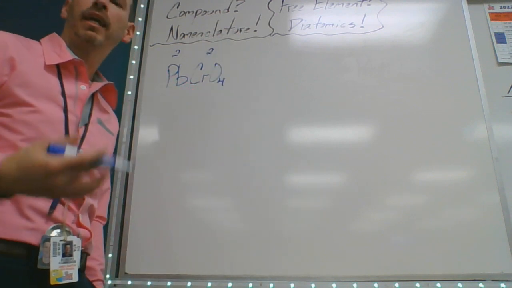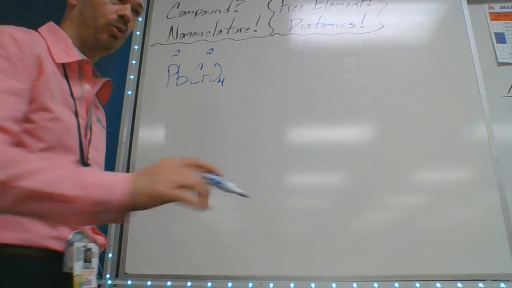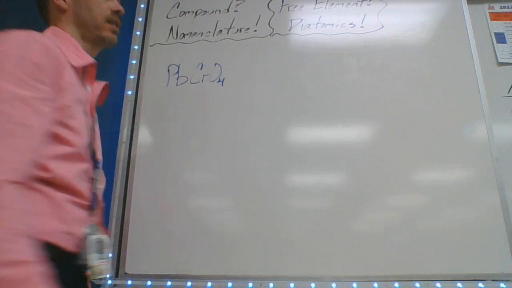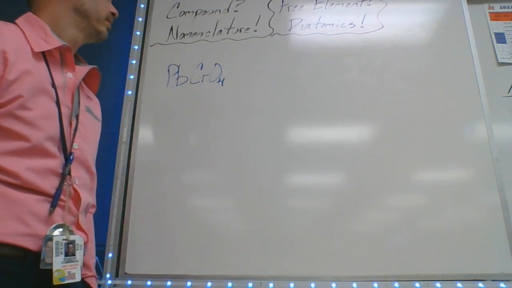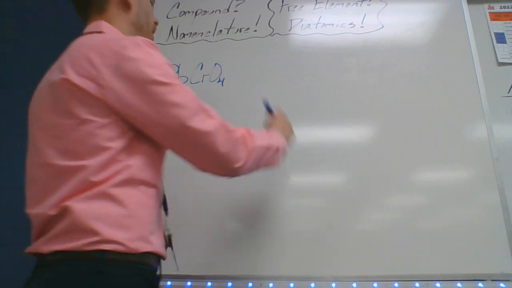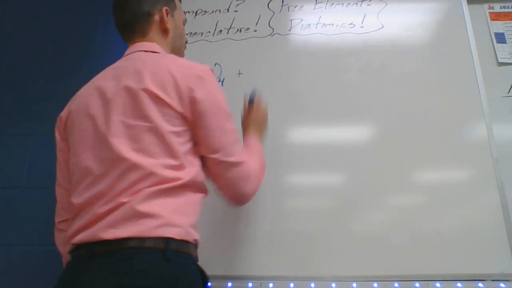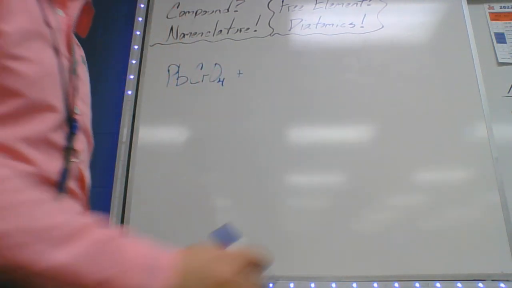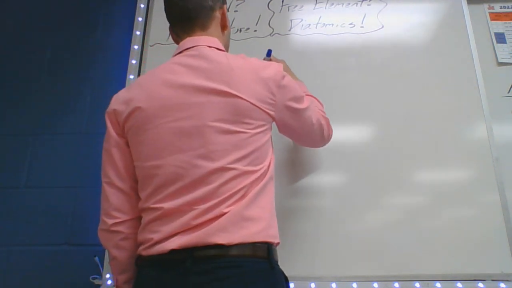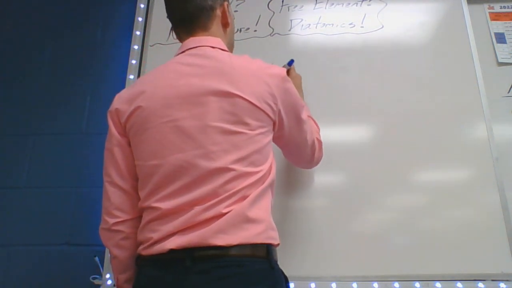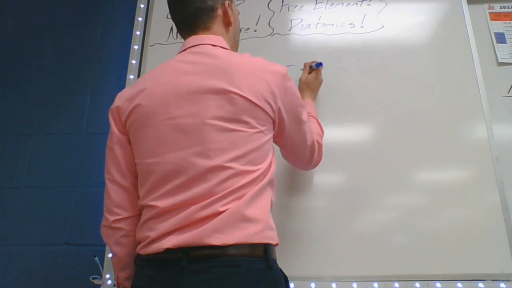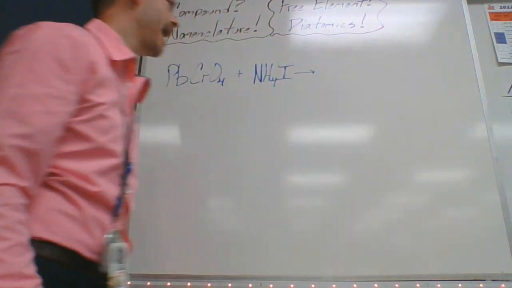If you look it up, they're both 2s, so there's no cross. Reacting with ammonium iodide. Ammonium is NH4. Iodide is a bonded iodine.